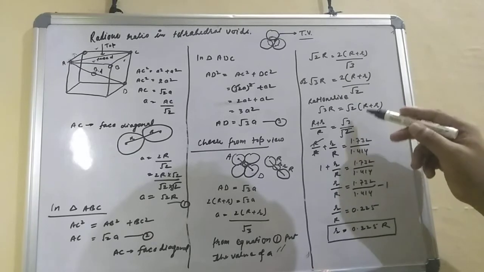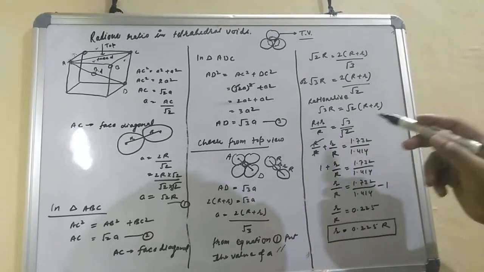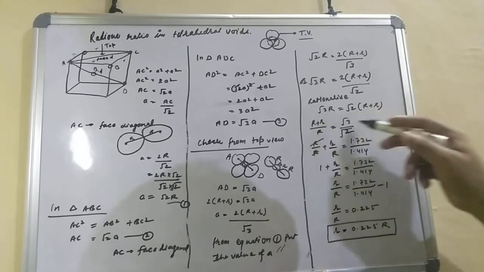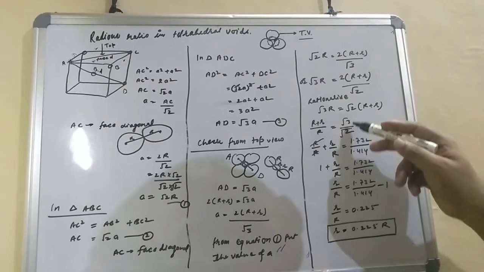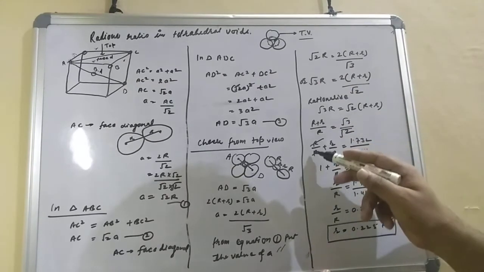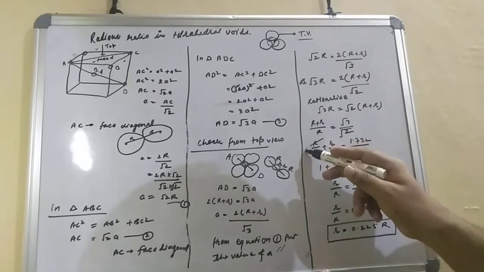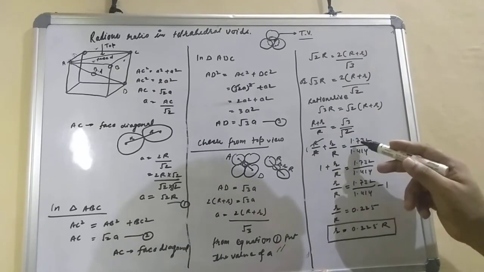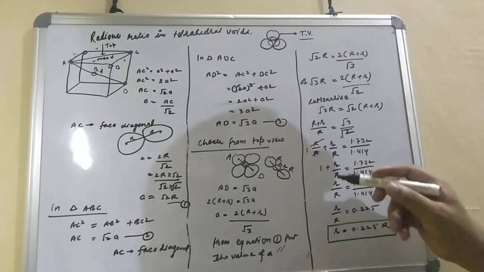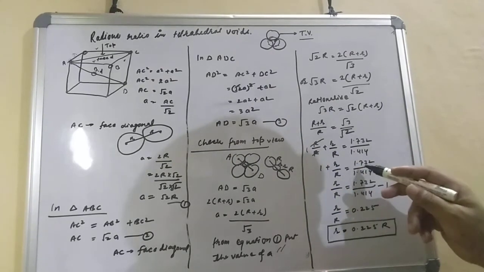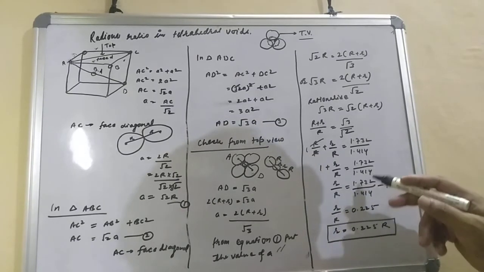Now we are putting similar terms on the same side. So small r upon capital R equals root 3 by root 2, minus 1, after taking the LCM. Root 3 value is 1.732 and root 2 value is 1.414.